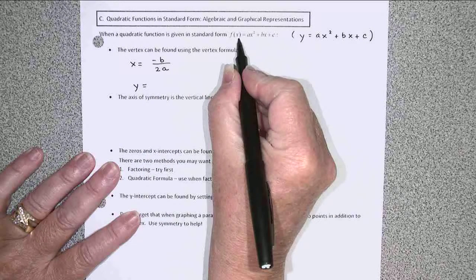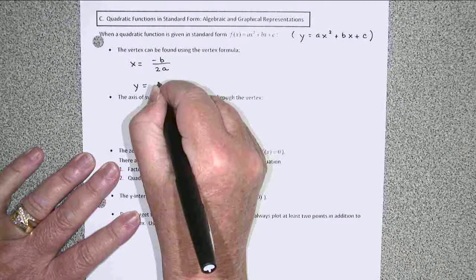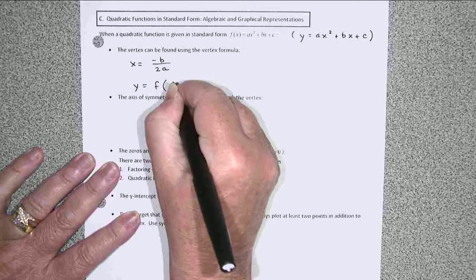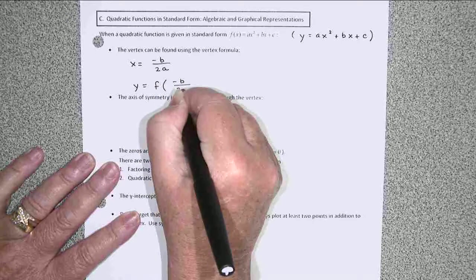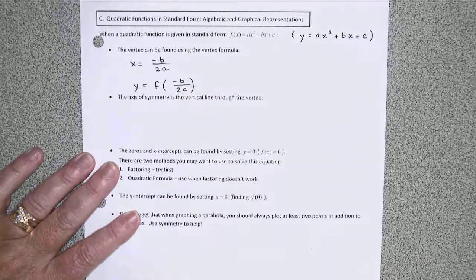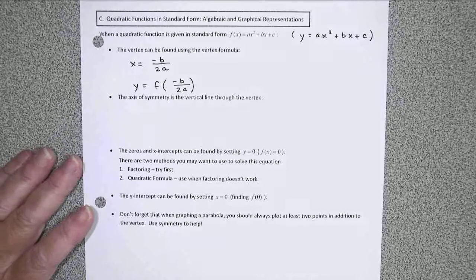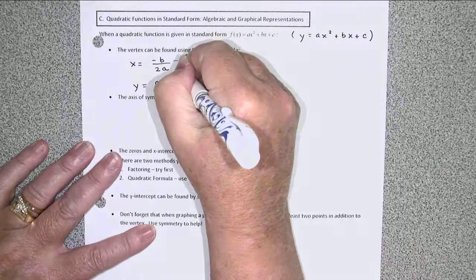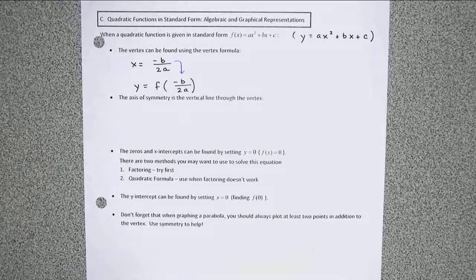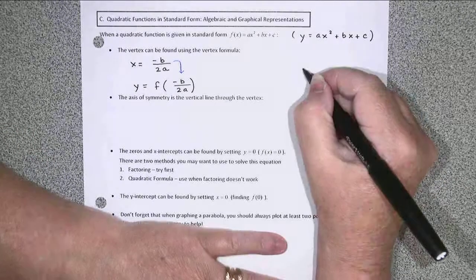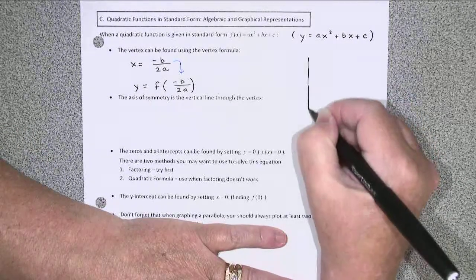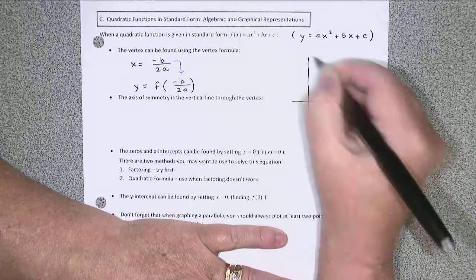An easy way to say that using function notation would be to do f of negative b over 2a. But really all we're doing here is plugging this value into our function, and that's going to give us the y. So let's imagine for a moment that we've got our graph over here.